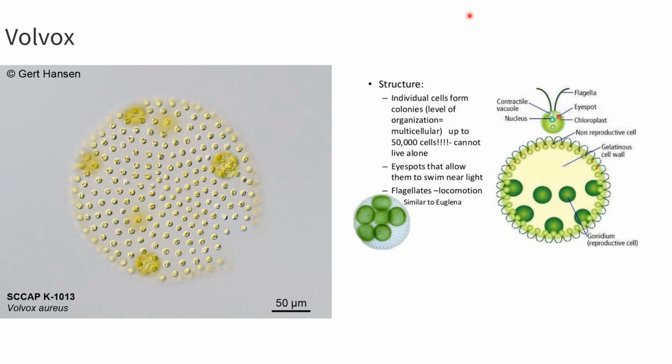So, chlorophyta, so therefore, meron silang chloroplast and important sila kasi sila yung nag-undergo ng photosynthesis. So, yeah, food sila ng ibang organism. So, kabilang sila sa primary productivity. Okay.